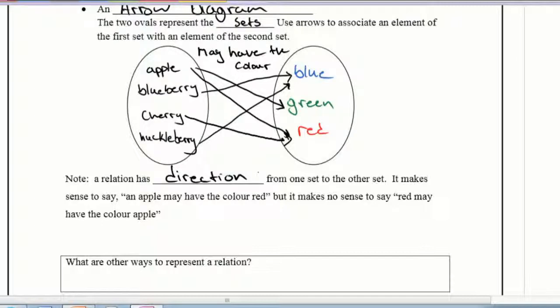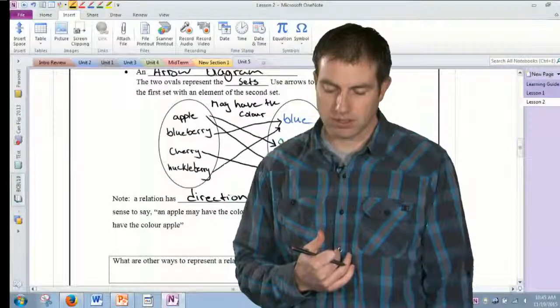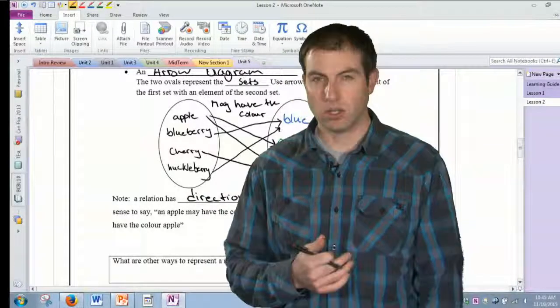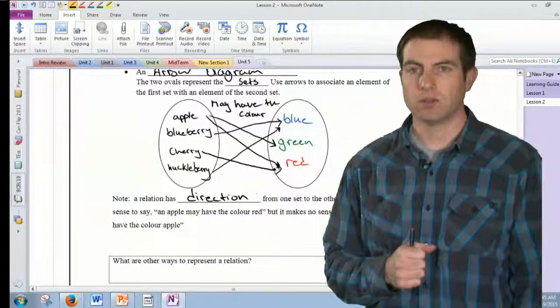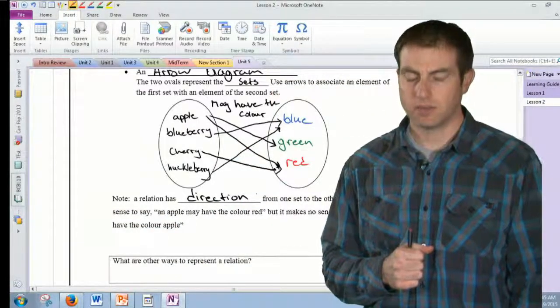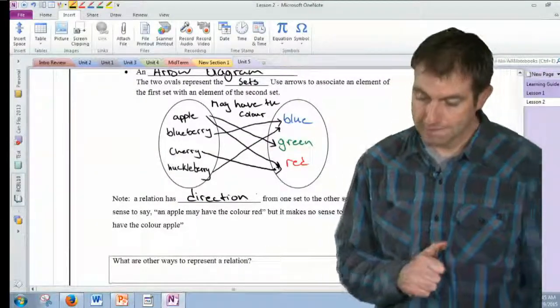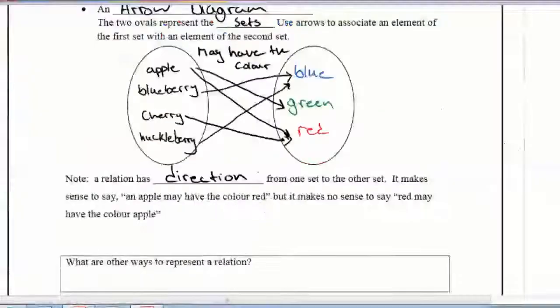It makes sense to say an apple may have the color red, but it doesn't make sense to say red may have the color apple. So the direction of our arrows is important. We don't want to draw an arrow from our color back to our objects, because that would not make sense.